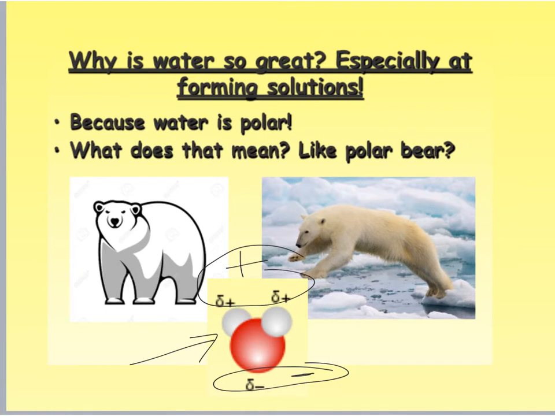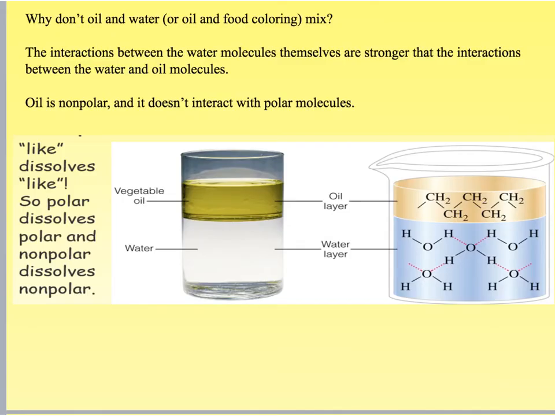Because of this, we say it's polar, and it likes to interact with a lot of different things. A lot of things are more attracted to water than they are themselves. And so we say not only does like dissolve like, but polar dissolves polar things.